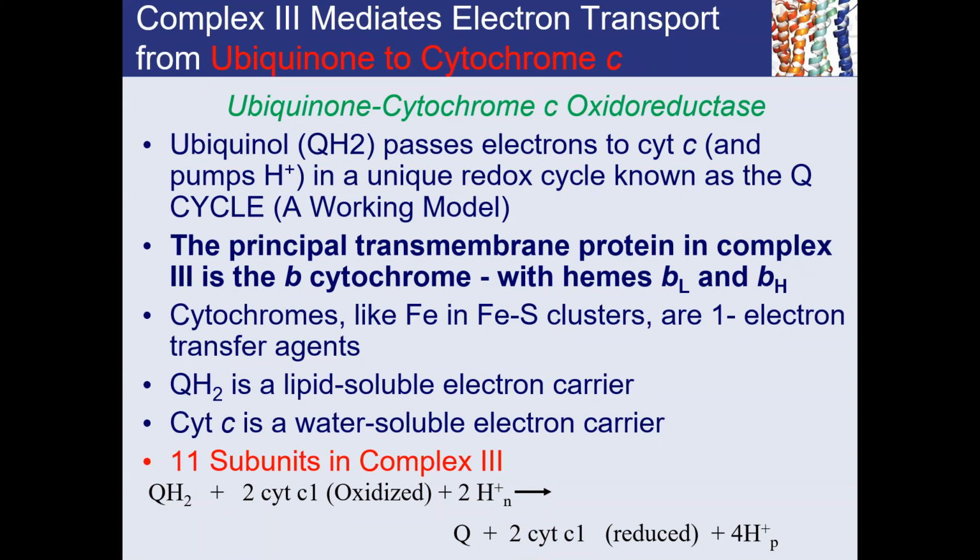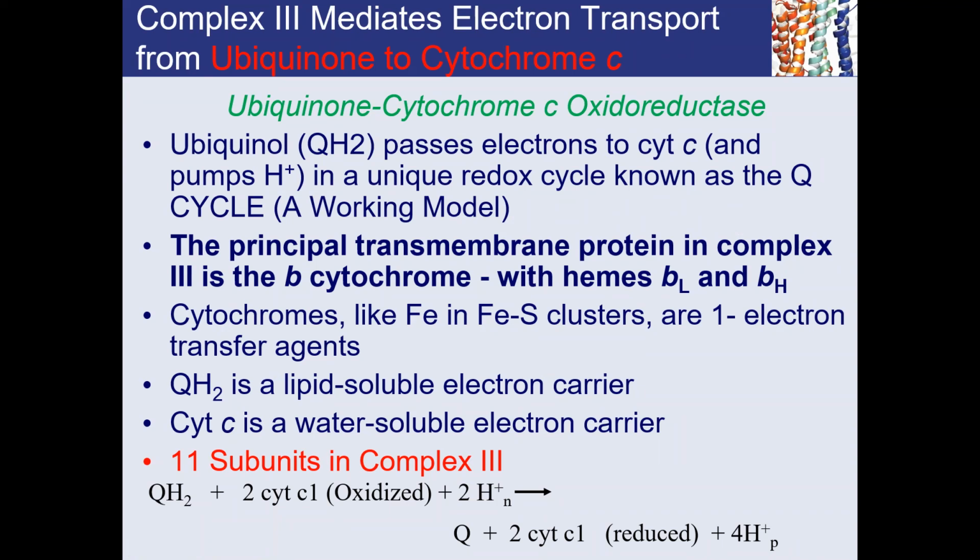And so you must transfer these electrons, keep going, and you bring them to complex 3 and pass them on to this 1 electron soluble protein carrier called cytochrome C. Okay, so ubiquinol will pass those electrons to cytochrome C, and in that process it will also pump protons into the intermembrane space.